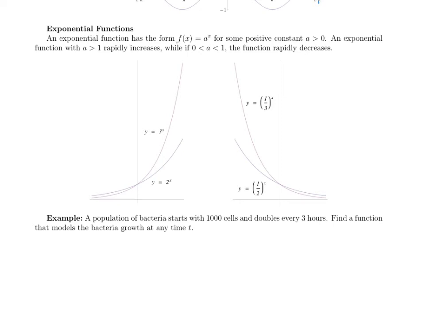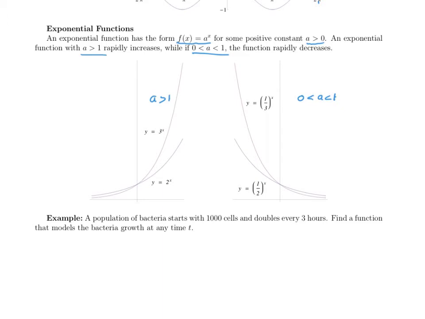Exponential functions are functions of the form f of x equals a to the x for some number a greater than 0. If a is greater than 1, these functions increase very, very rapidly. It's explosive growth. And if a is between 0 and 1, then they decrease rapidly.